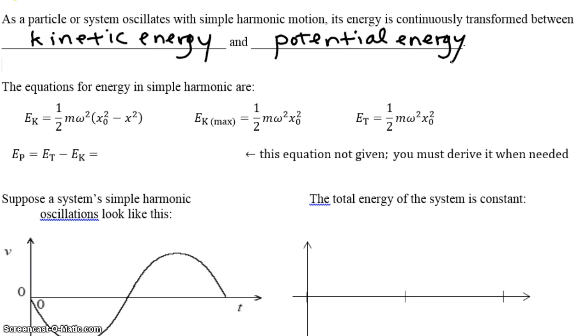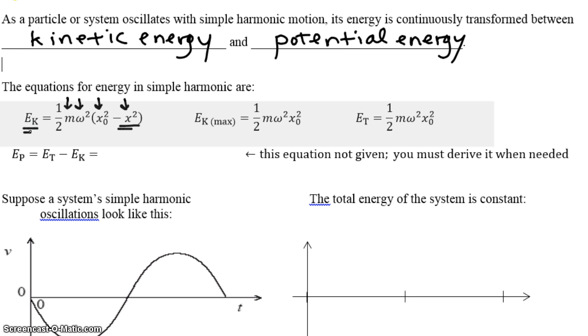We have equations that let us calculate how much kinetic energy there is. The equation includes mass, angular frequency, amplitude, and displacement. So if you know the displacement at some moment in time, you can plug that value in and you can calculate the kinetic energy at that moment or for that displacement.